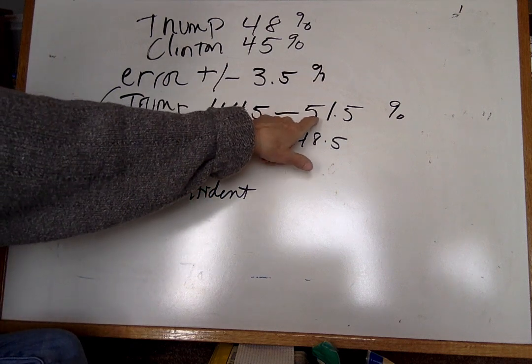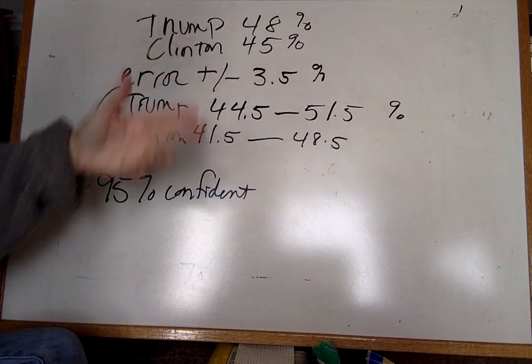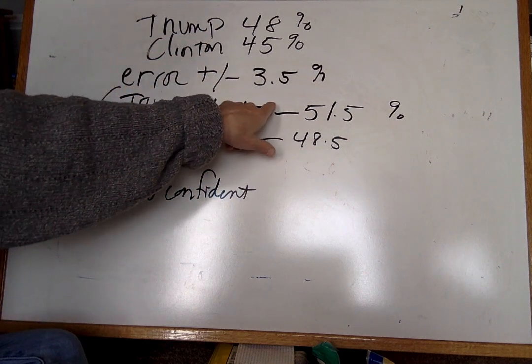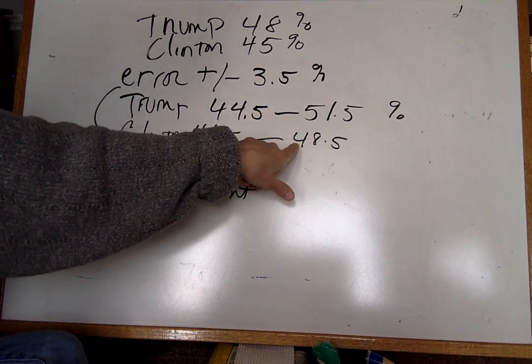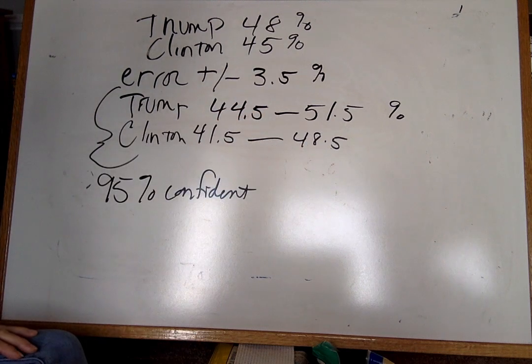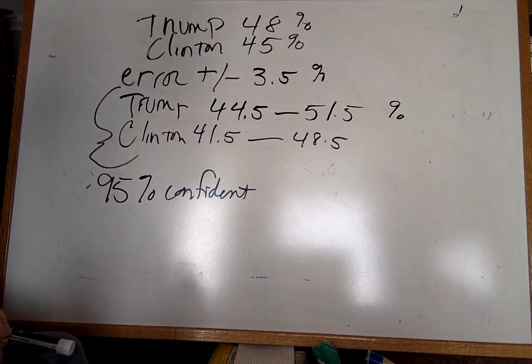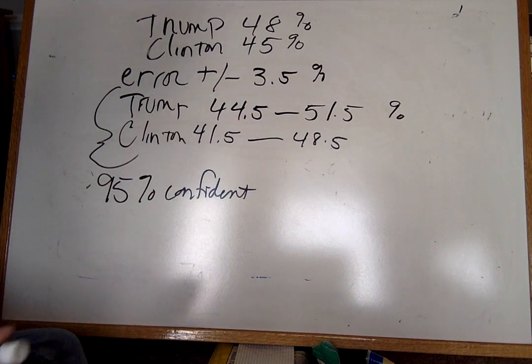Meaning, let's say Trump was up at 41 and Clinton was down at 42. Then we could predict that Trump would win. But look, Trump could be at 45, Clinton could be at 47 or 48, and that would indicate that Clinton was going to win. So, part of our interpretations for this video and the next video will be when the confidence intervals overlap, you cannot tell a difference.